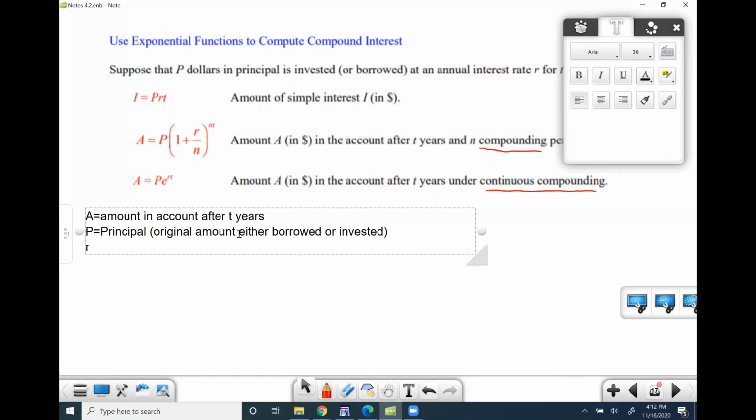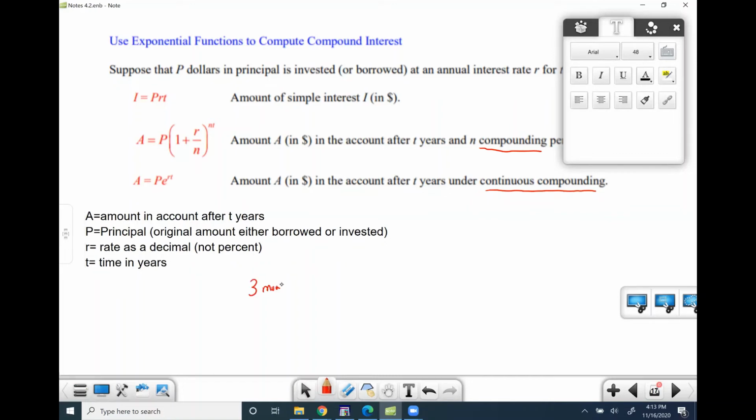The R is going to be the rate as a decimal, not a percent. T is always going to be in years, time in years. So don't give me months. If somebody says you invested it for 3 months, then you better not put 3.